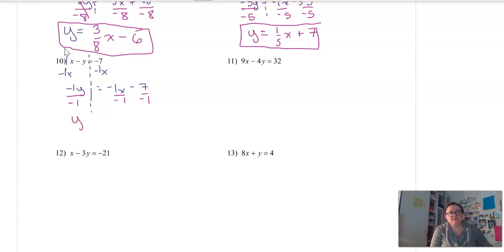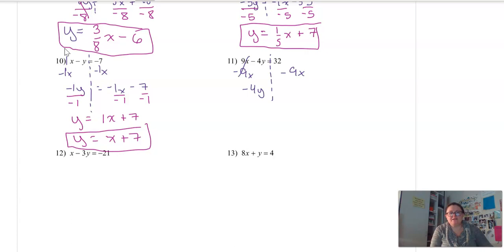Because now I have y equals positive 1x plus 7, which you could also write as y equals x plus 7. All right, number 11, subtract 9x on both sides because that's positive. So negative 4y, remember to carry that negative down because 0 minus 4 is negative 4, equals negative 9x plus 32.